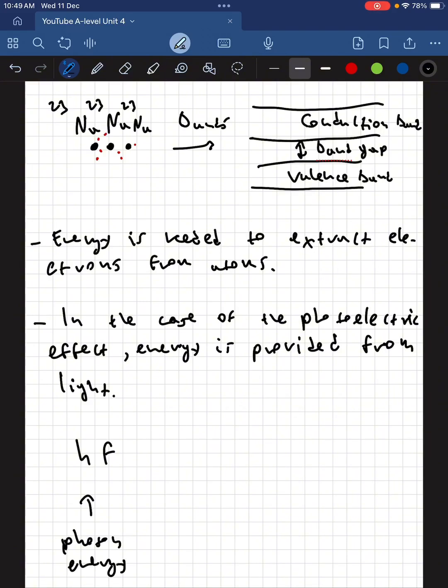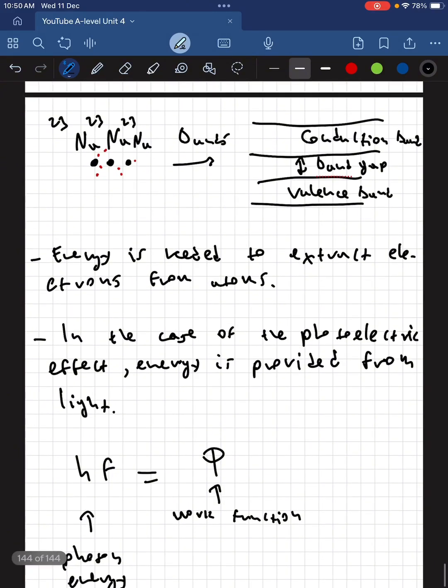The photoelectric effect is observed in metals, okay, so solids. So we are talking about something that has valence and conduction band like we discussed here, okay? So you have some incoming photon with some energy hf, so that energy should be equal to the work function, and the work function is the energy needed to extract one electron from the atom, and this work function is related to this valence and conduction bands.